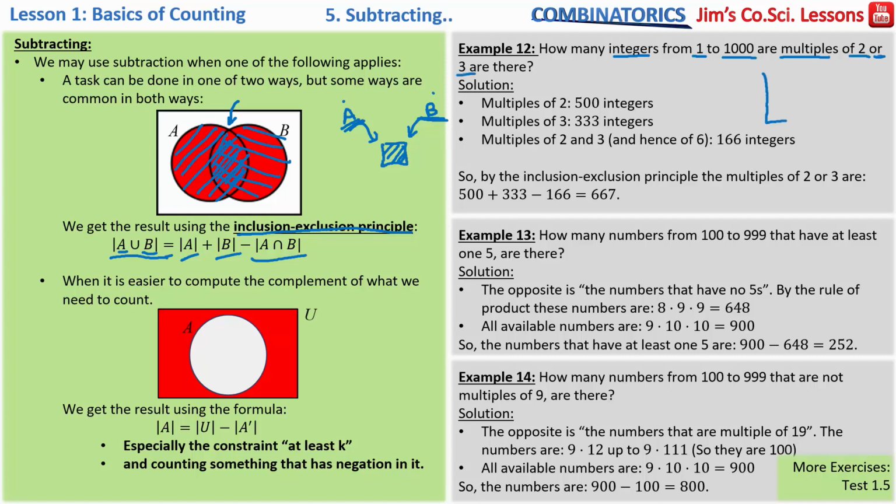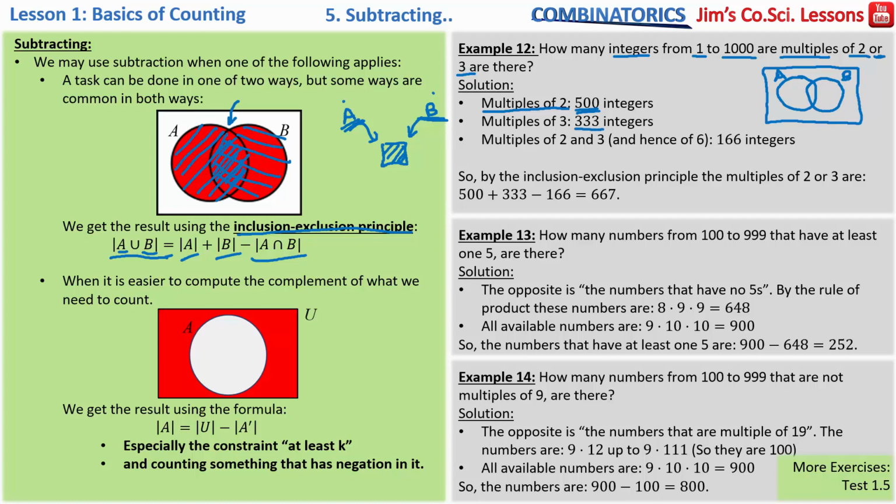So here is the problem that we talked about: if we begin to count, let's say that A is the set of all the numbers that are multiples of 2. We can easily count them and observe that there are 500 numbers, and then we take the numbers that are multiples of 3. These are 333.